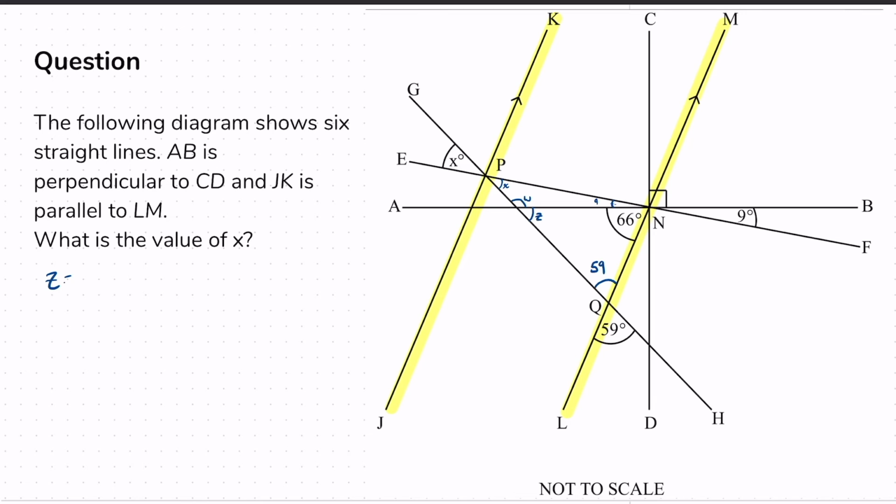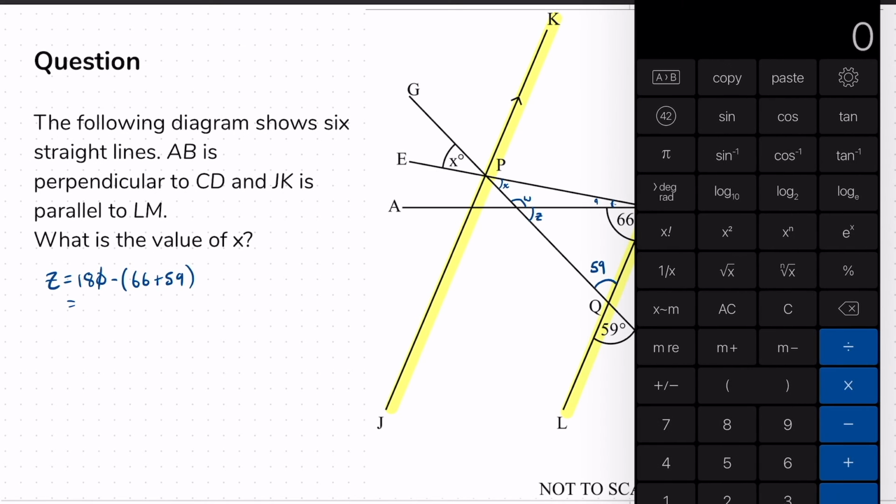Z is equal to 180 take away 66 and 59, which is equal to 135, 45. Right, let's just double check that. 55.